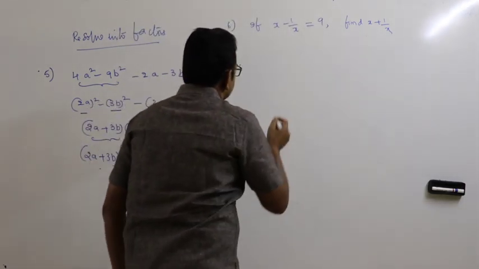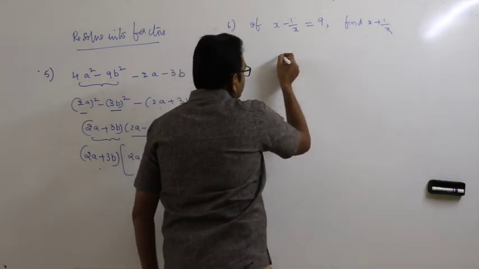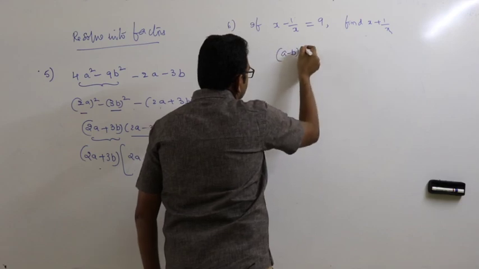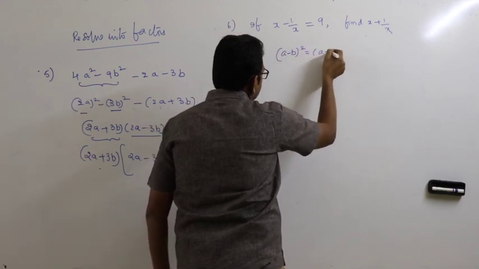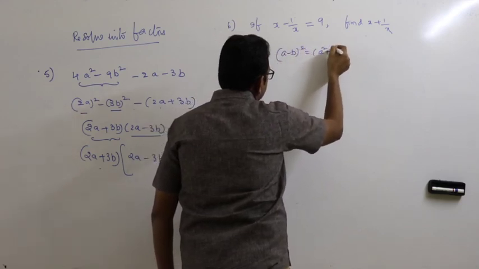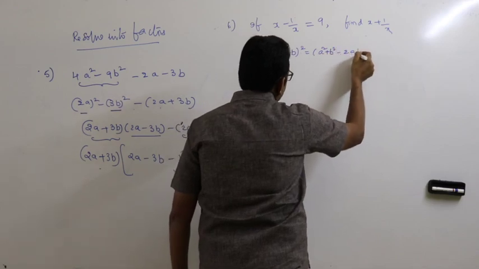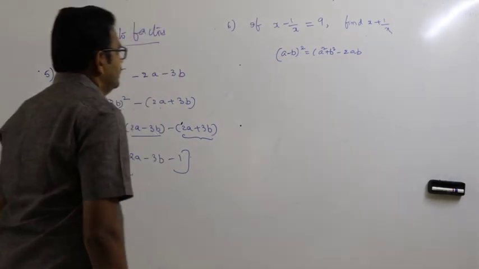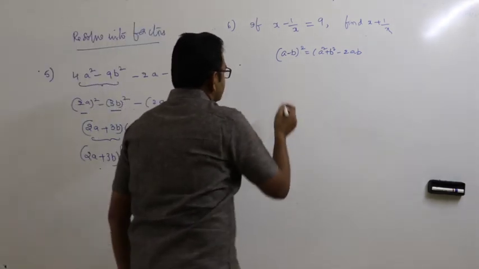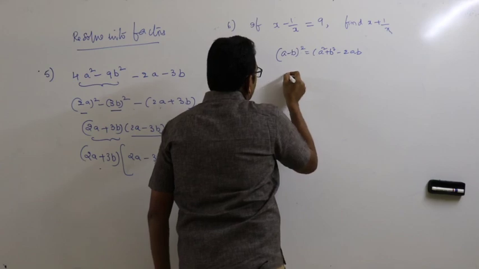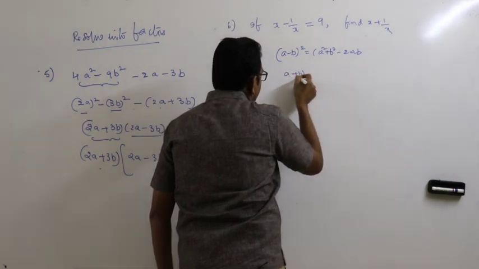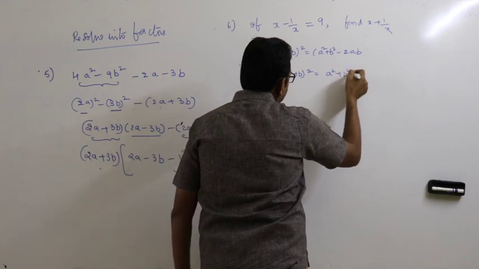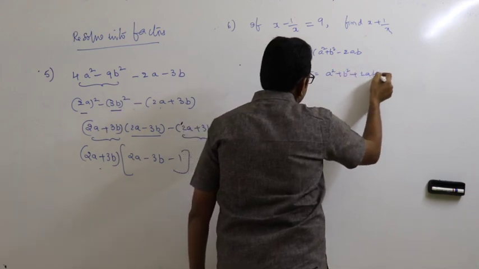We know that a minus b whole square is equal to a square plus b square minus 2ab, and a plus b whole square formula is a square plus b square plus 2ab.